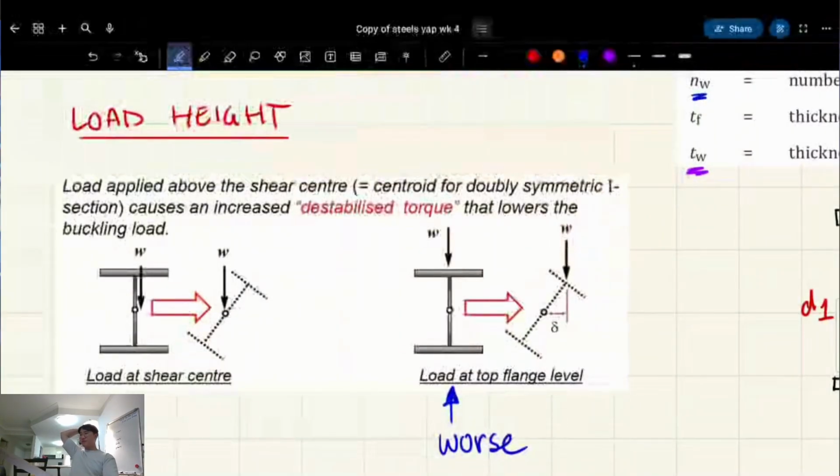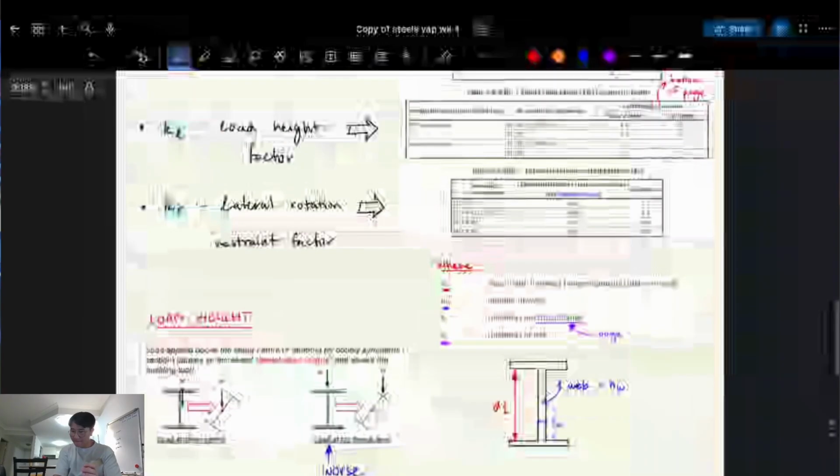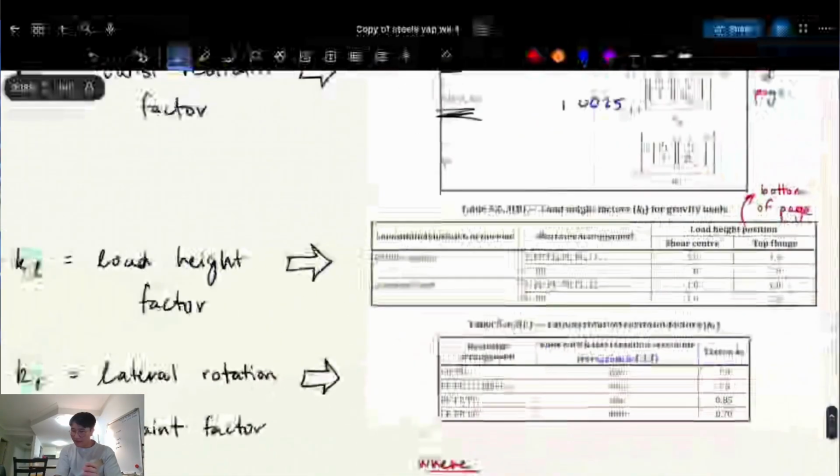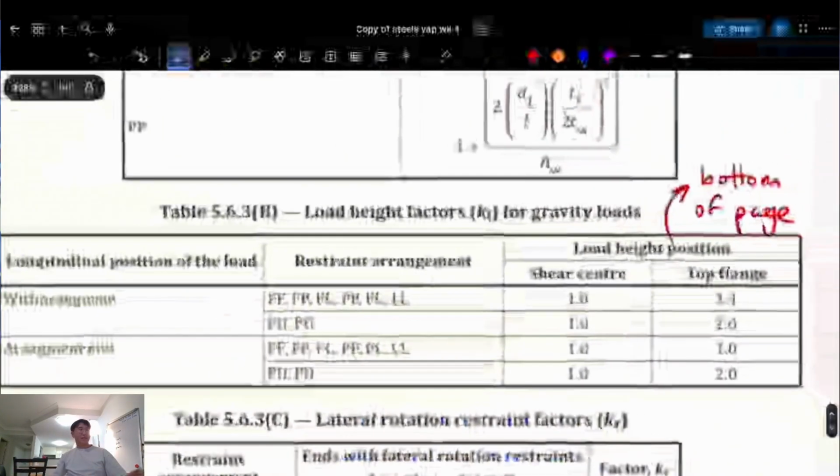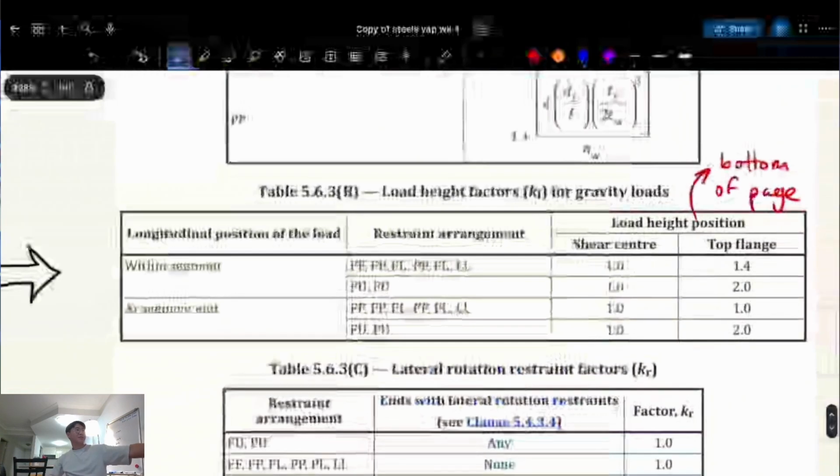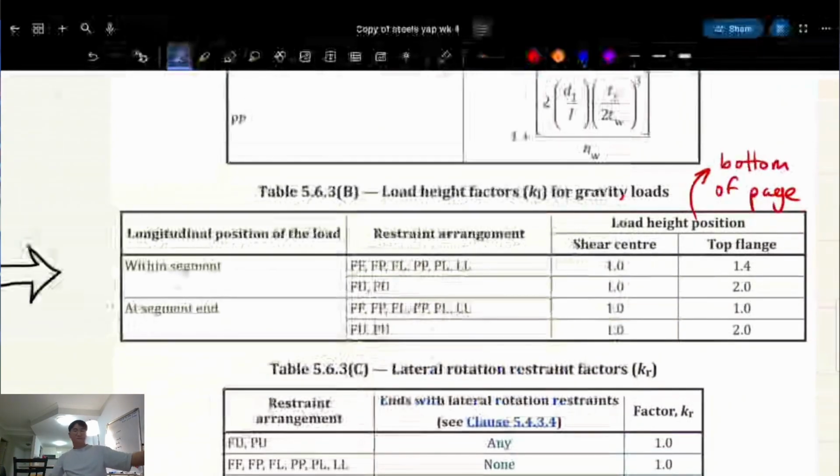What's an example of top flange loading? If you put something on top of it. Live load, anything, right? So most of the time, it's actually the worst case scenario. And you know how much worse it is? It's either 1.4 times worse or 2 times worse. But it depends, right?